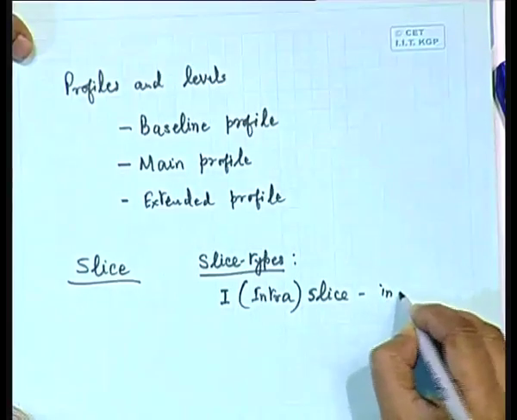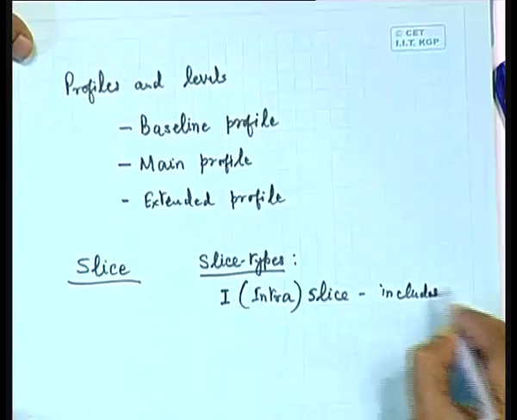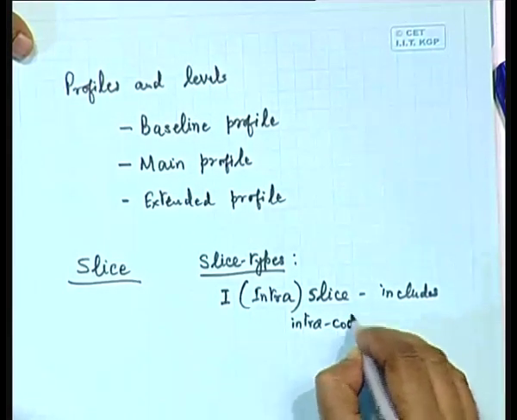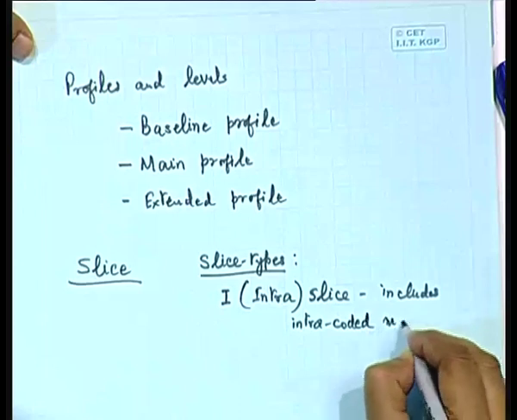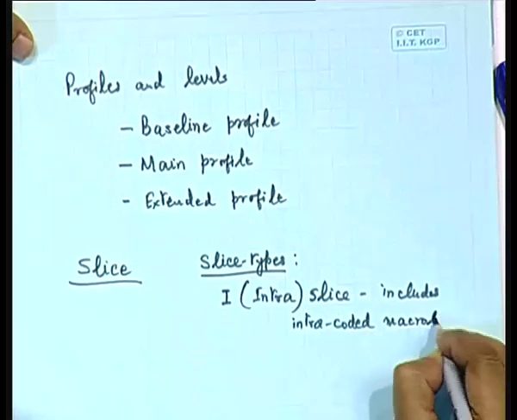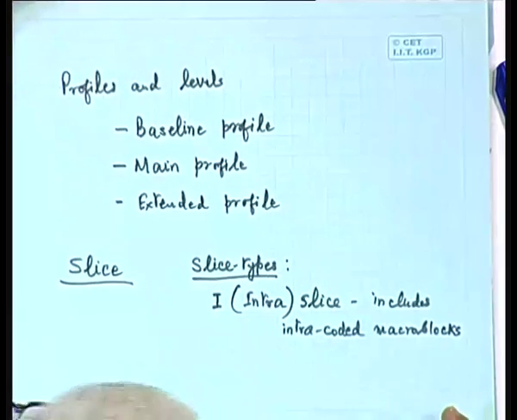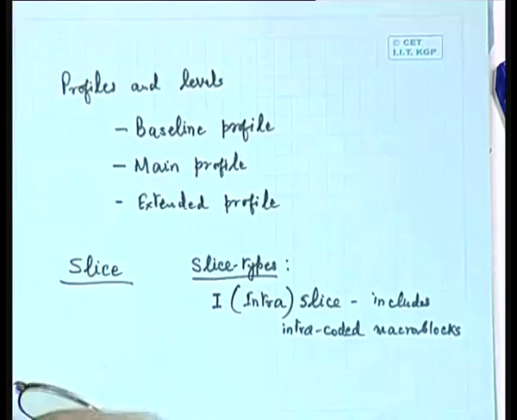So, an I slice includes intra coded macro blocks. You may ask why this grouping is necessary. What big purpose is it serving by grouping the macro blocks into slices?